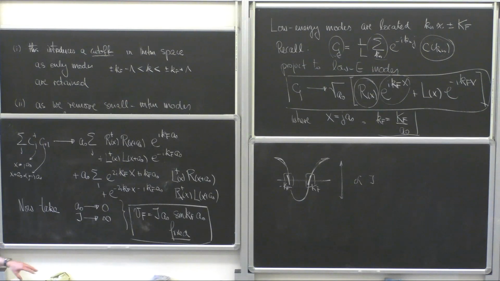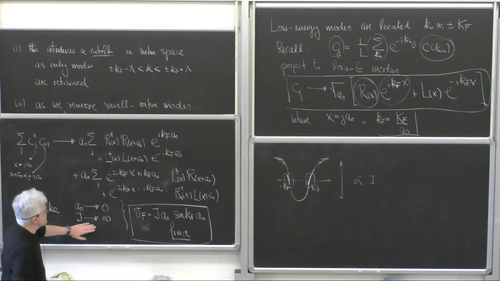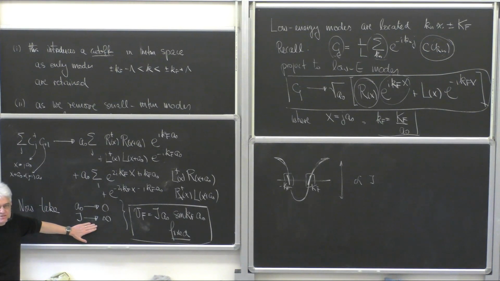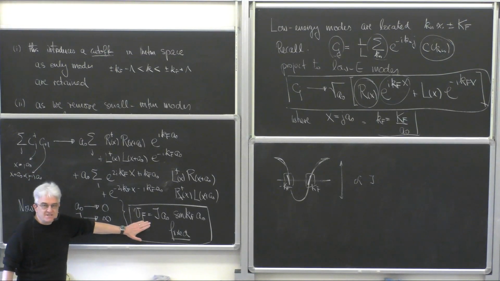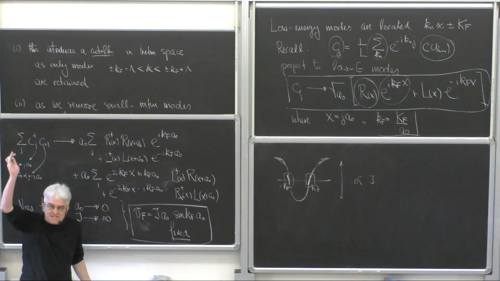So now I have all of these formulas, which I wrote for you explicitly. Everything was there. Now what I'm telling you is you want to take this double scaling limit: a naught goes to 0, J goes to infinity, keeping this fixed. So now J no longer exists in the field theory.